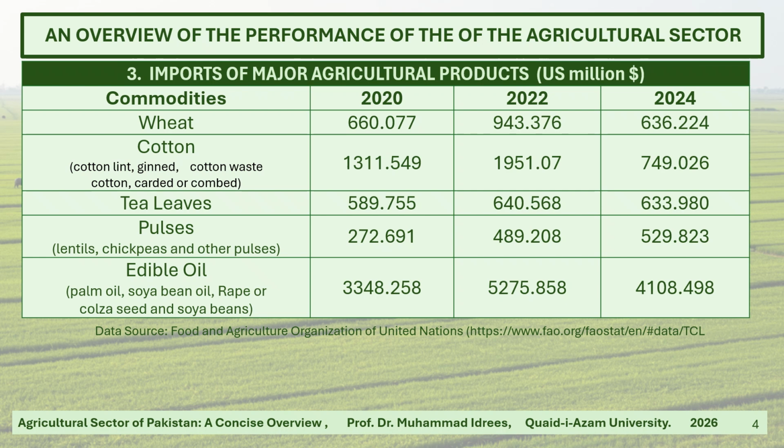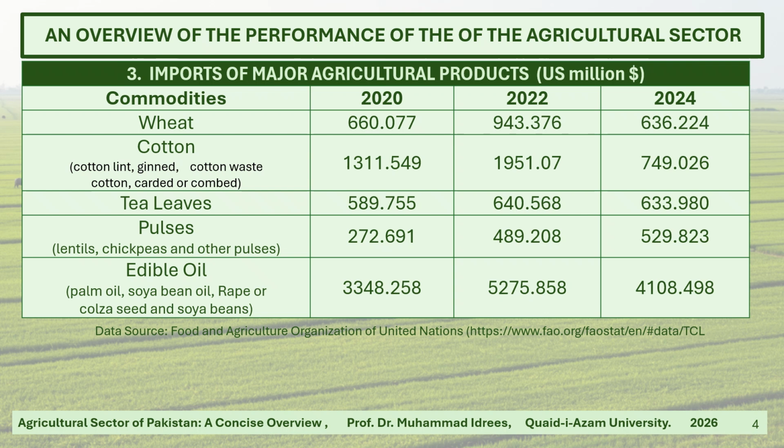Similarly, talking about cotton, a huge amount is spent on the import of cotton. Same is true for tea leaves, pulses and edible oil. Here one thing to be noted is that in the previous slide we saw that Pakistan is exporting cotton, and here we see Pakistan is importing cotton. When we are exporters, we are exporters of raw cotton.